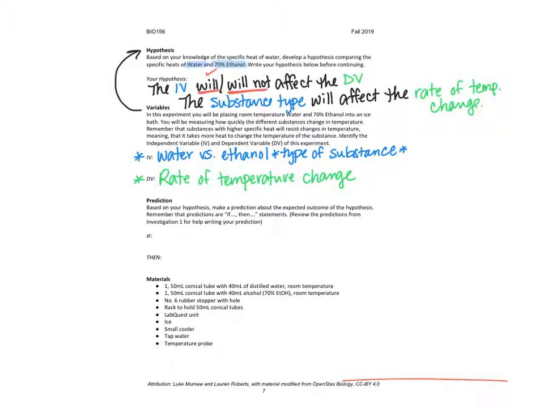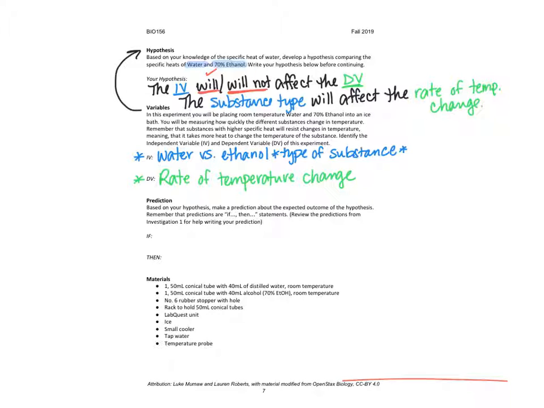All right, so I just filled in for the dependent variable and the independent variable. And then I chose that I think that the rate of temperature change is going to be different for these two substances that we're testing. Now, it's totally valid to go with the other option. It's totally valid to say that you don't think that there's going to be a difference.